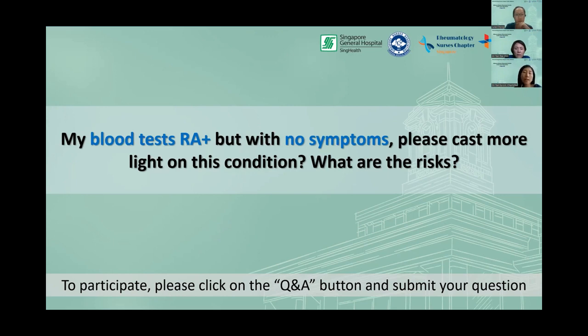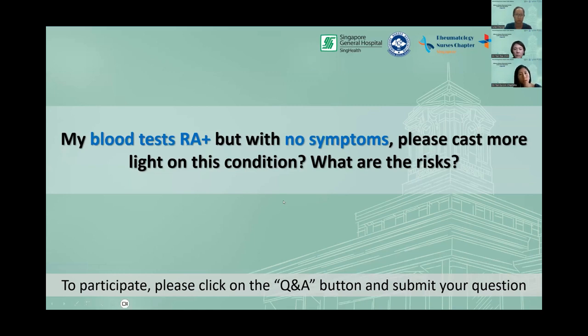We would first ascertain that you indeed do not have any features, even if subtle, of rheumatoid arthritis. And if indeed you don't, what you have is an incidental finding of the rheumatoid arthritis blood test called the rheumatoid factor. This blood test can be present in a completely normal population.